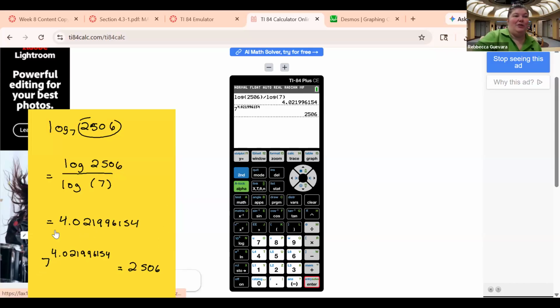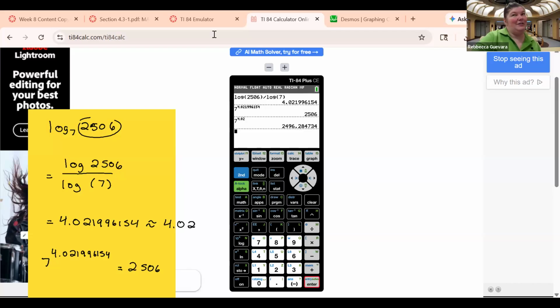So the exponent you have to put on 7 would have to be that 4.0219965154. More than likely, you'll have to round these answers. You will not see this looking exactly the same. Let's say I had to round to that. You can still get some proof that you found the right answer. In this case, it's really close to my answer, just a little off.